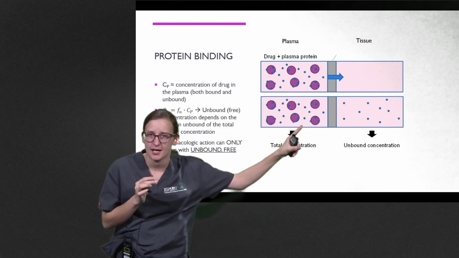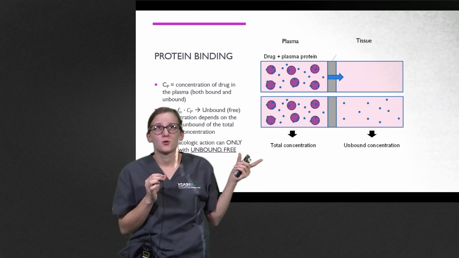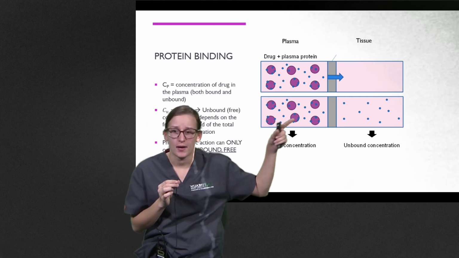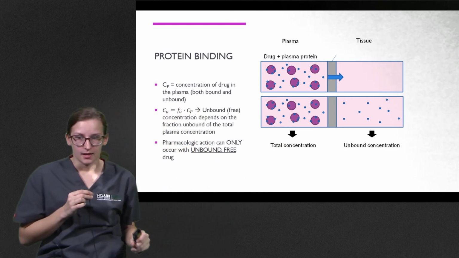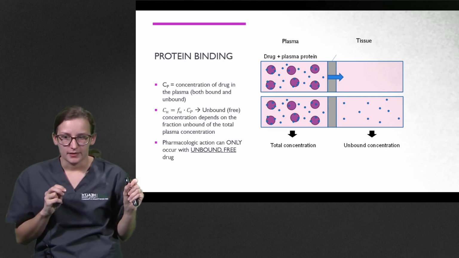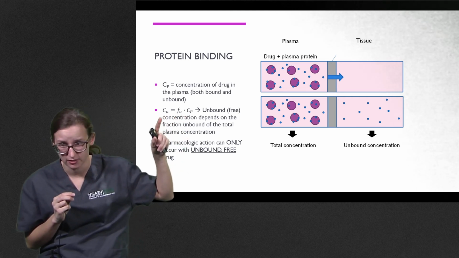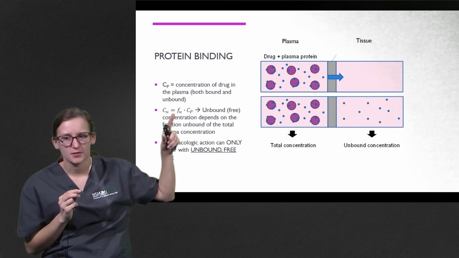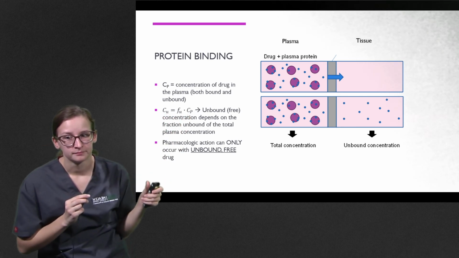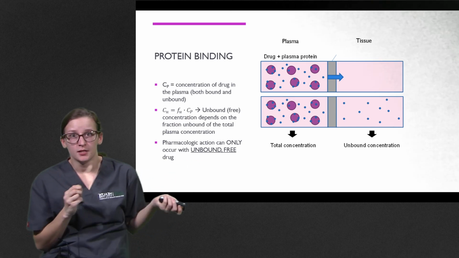That shows that even if you're removing protein-bound drug, the fraction unbound is going to try to stay the same. CP is the plasma concentration of the drug, and the fraction unbound times the plasma concentration is the concentration unbound, which makes sense. So if 50% is unbound of 100 milligrams, then 50 milligrams is unbound. And only unbound free drug can be absorbed, eliminated, etc.